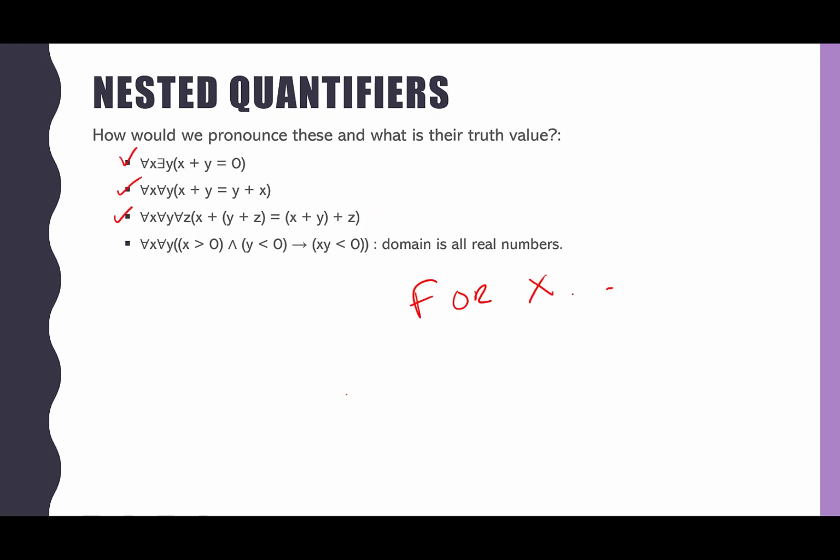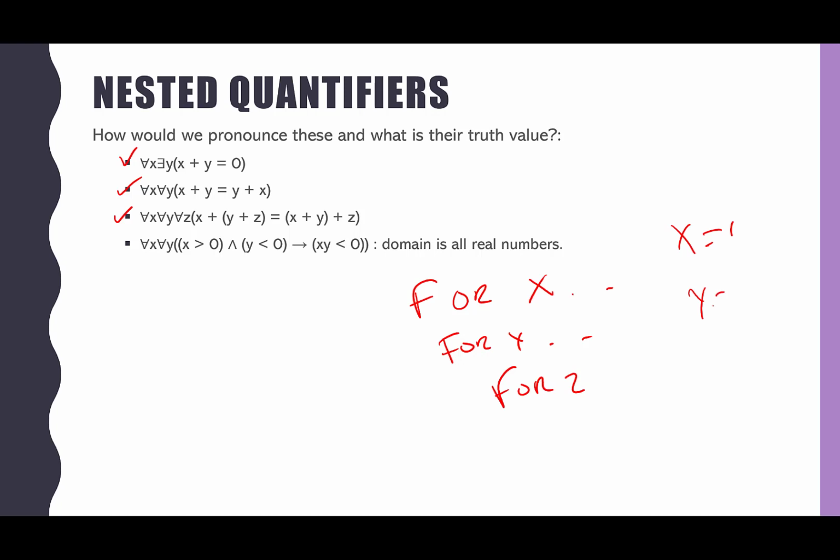Inside of the for x loop, we have a for y loop. And inside of there, you have a for z loop. So when x is equal to 1, let's just say we're going from 1 to 10, we get to y.